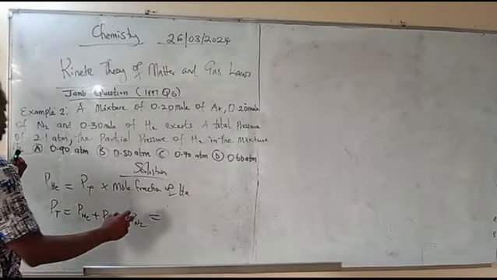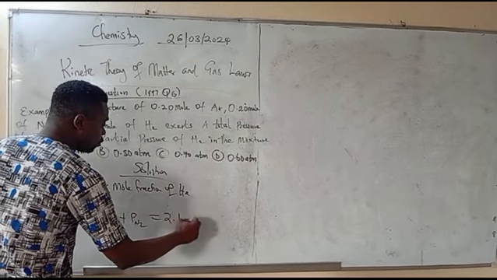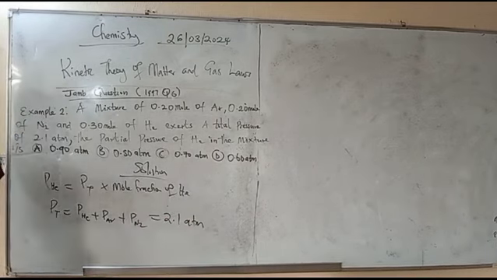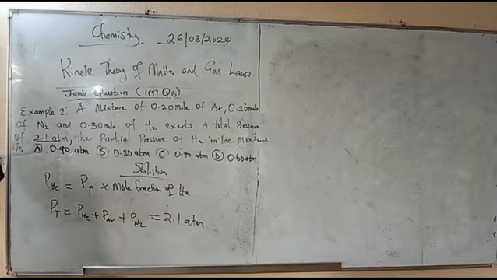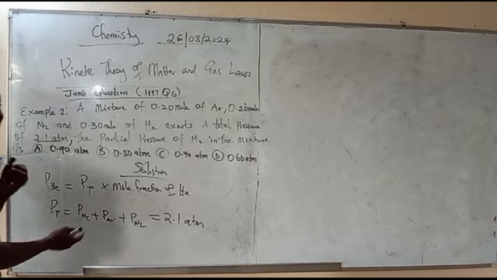The number of moles of helium from the question is 0.3 moles, plus the number of moles of argon, 0.2 moles, plus nitrogen 0.2.